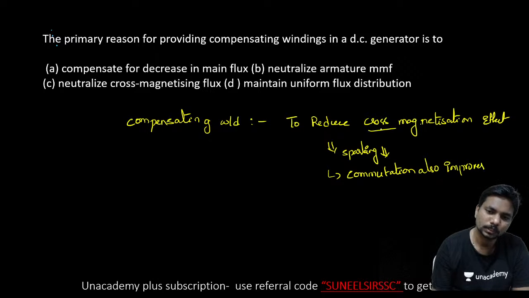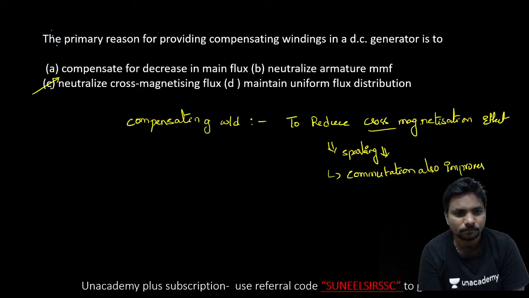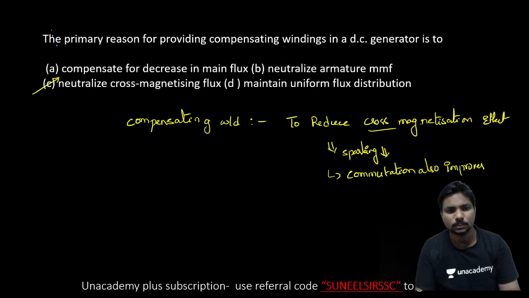So to reduce the cross magnetization, neutralize the cross magnetizing flux. So the answer is option C.